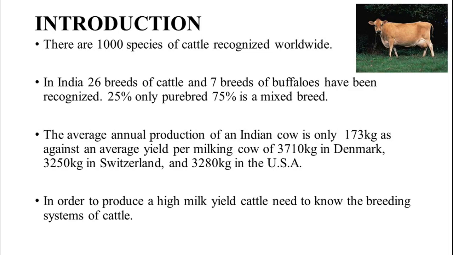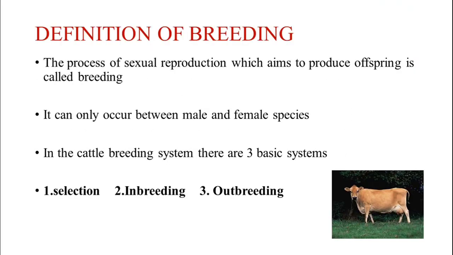So in order to improve the milk production, in order to get good quality of meat, we need to learn the inbreeding and outbreeding processes. Before going into details, let us learn the definition of breeding. What is breeding?